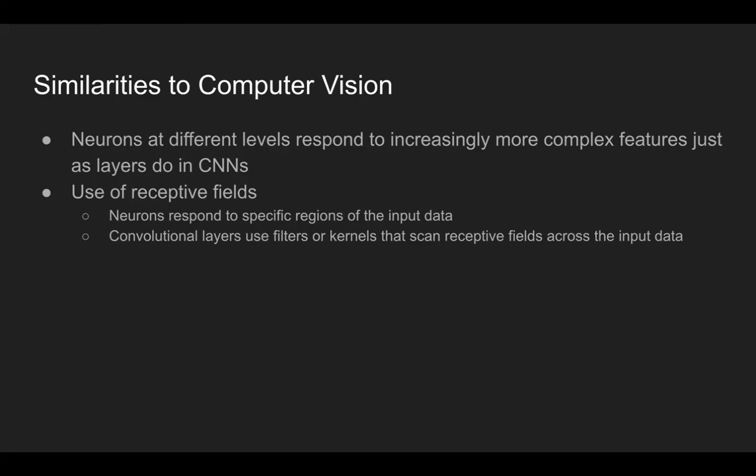And then another similarity that is talked about a lot is the use of receptive fields. So in humans, neurons respond to specific regions of the input data, just as in CNNs, the convolutional layers use filters or kernels to scan receptive fields across the input data. There are other similarities that individuals talk about, such as the weights and different things like that.